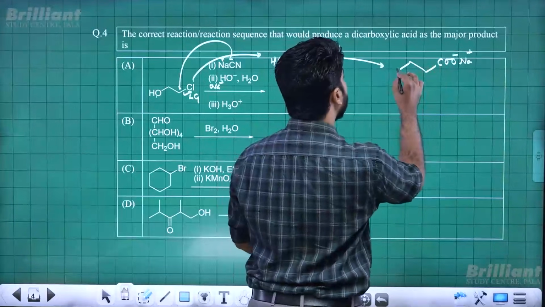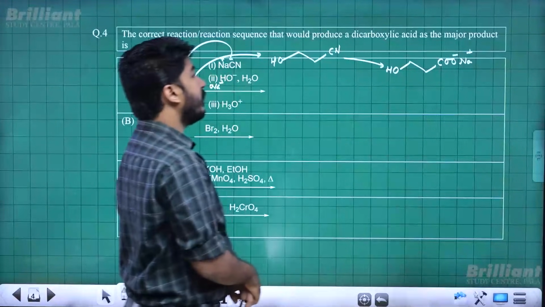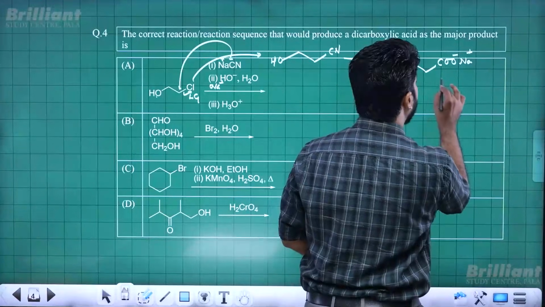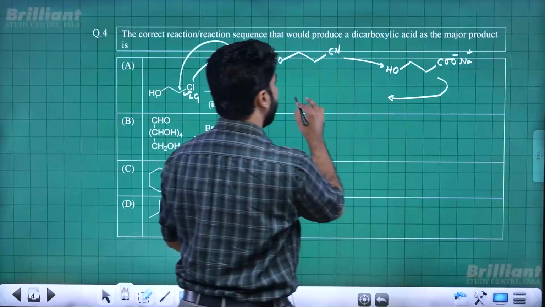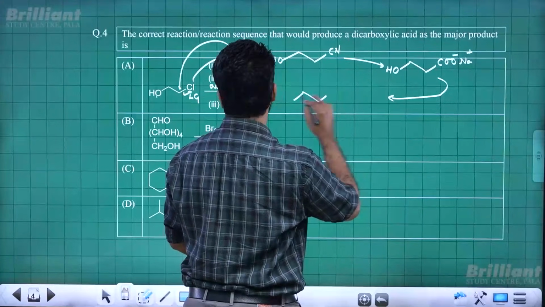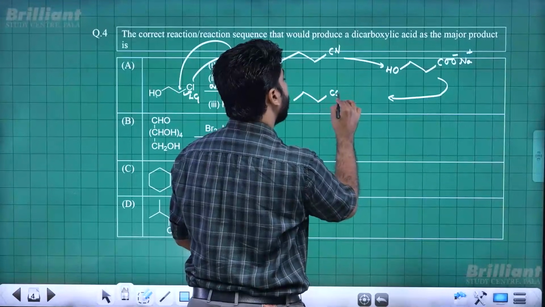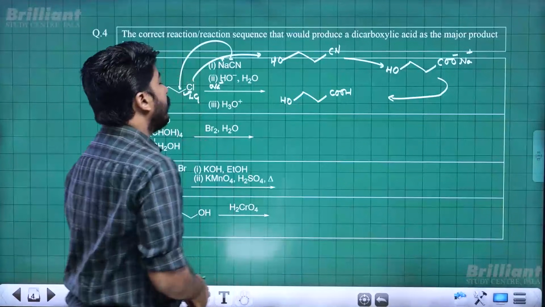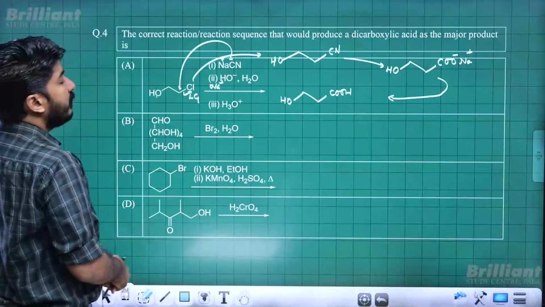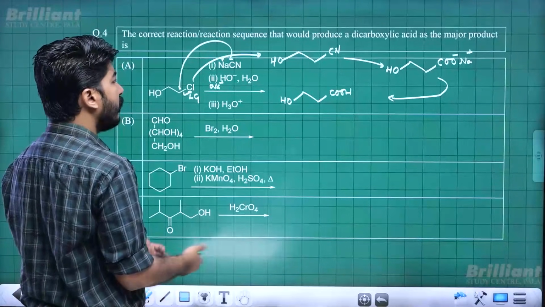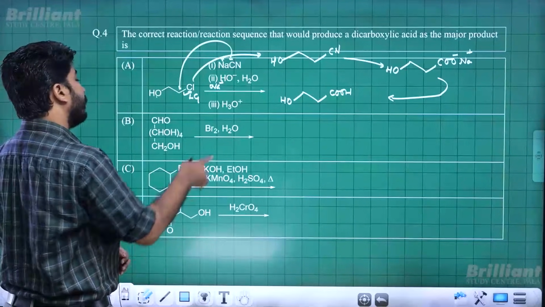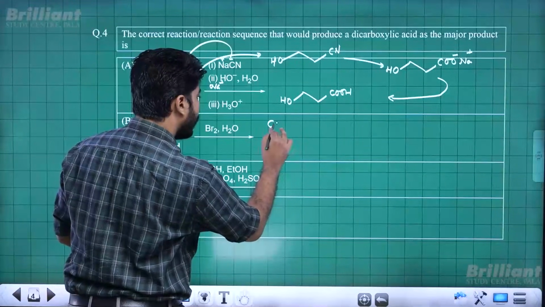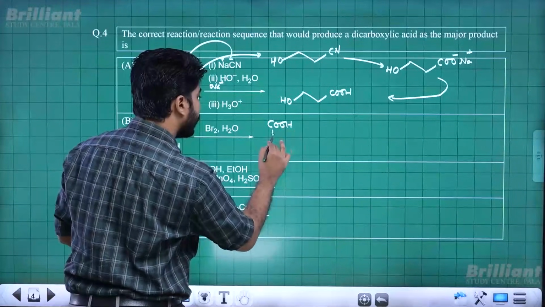In that case, this is the structure of the product obtained, and later on acidification of this compound we will get COOH, OH. So that is the structure of the final product, which is a monocarboxylic acid. Now, with bromine water, glucose gives gluconic acid, which has a single carboxyl unit in it.